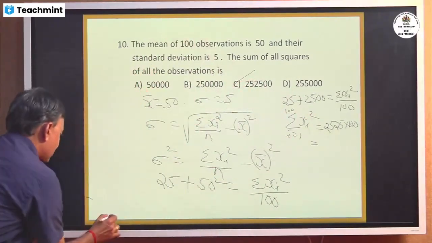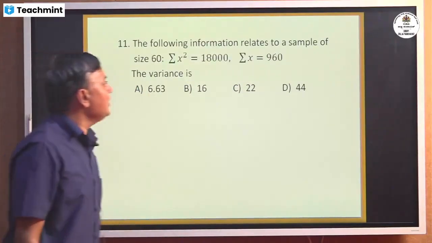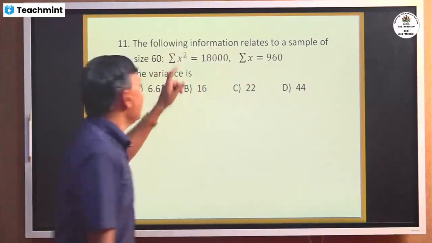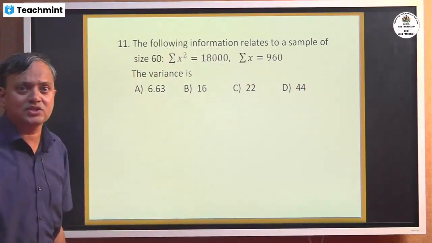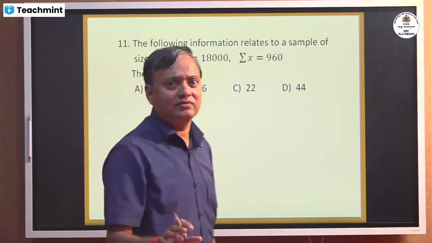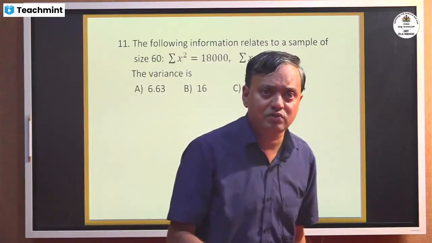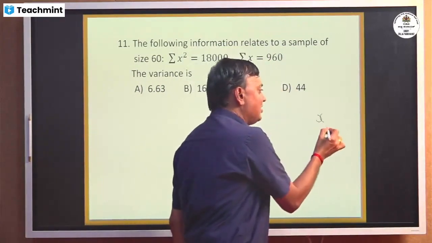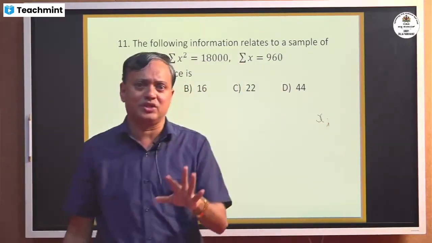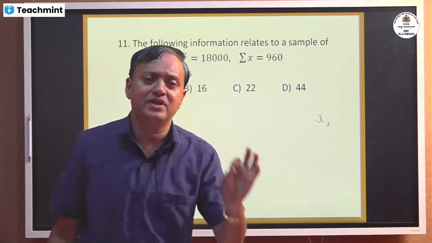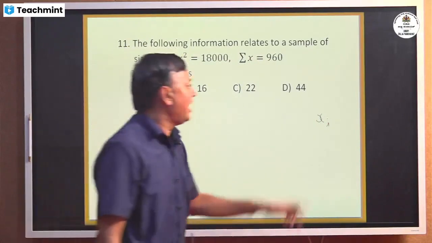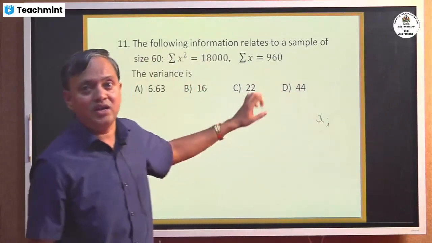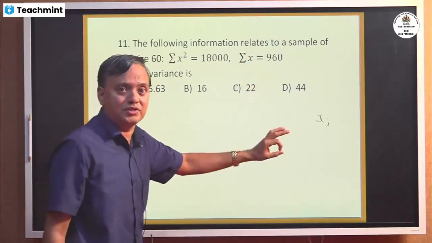Then the next question. Here also we have to use the previous formula. Sigma x square is given, sigma x square is nothing but sigma xi square, the notation is the same. We can write the data as either x or xi, both have the same notation. X or xi means the given data, and sigma x or sigma xi, where i varies from 1 to n if n observations are there.